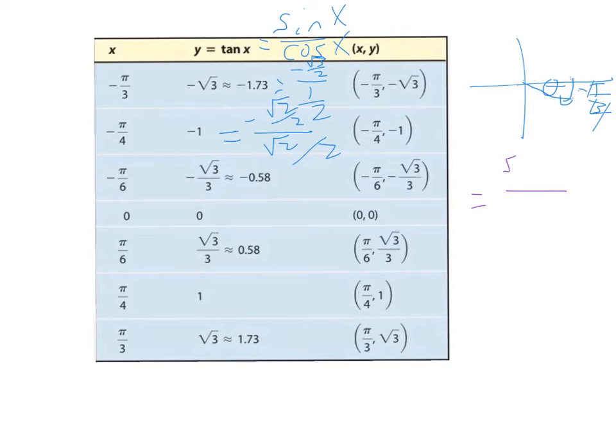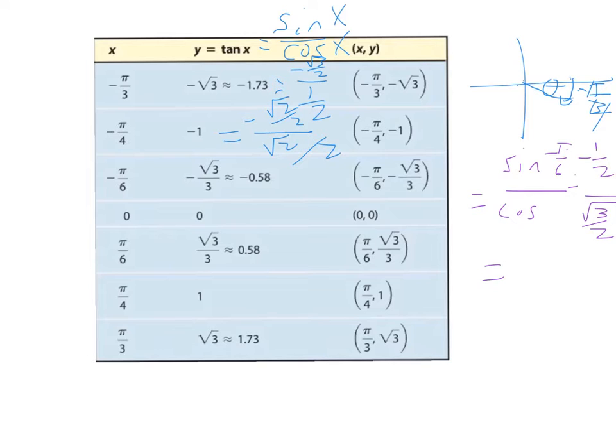Remember, for negative pi over 6, if you were to go pi over 6 in the negative direction, the sine would be negative, so it would be negative 1/2. And then cosine is still positive, so it would be positive square root of 3 over 2.